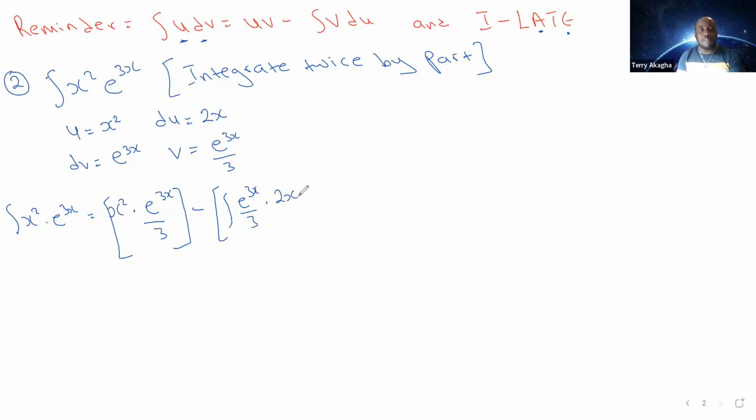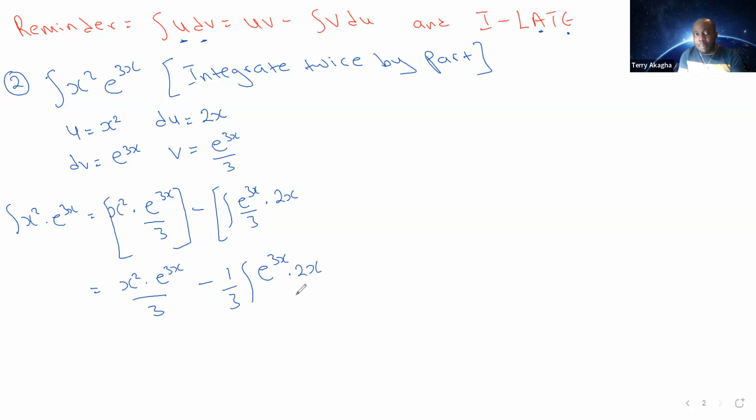Is this making sense? So it becomes x squared e to the 3x divided by 3, minus, I'll bring out the constant, 1 over 3, integral of e to the 3x times 2x. Can you see?